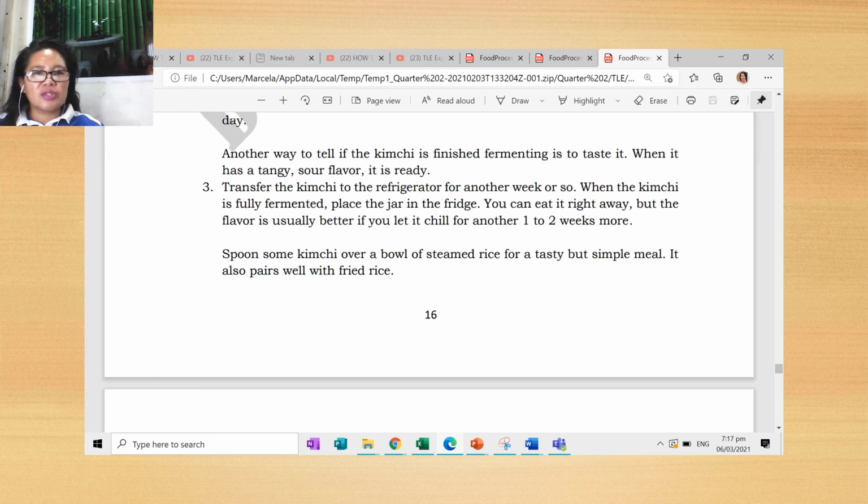Then spoon some kimchi over a bowl of steamed rice for a tasty meal. It also pairs with fried rice.